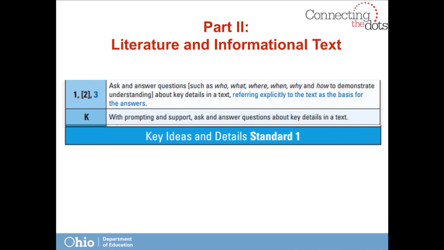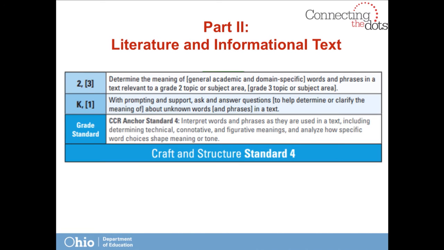To meet this standard, as well as standards 2 and 3, students need to know vocabulary, general academic and domain-specific words and phrases including interaction, key detail, main idea, quote, summary, and support.